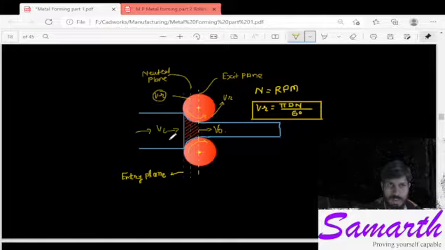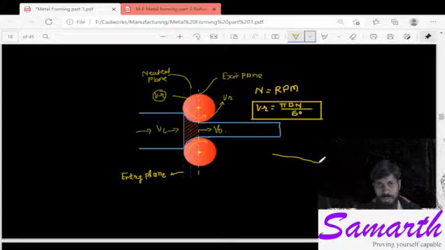At the entry plane the velocity of the plate will be lesser than at the exit plane. It is very similar to the concept of fluid mechanics, FM.